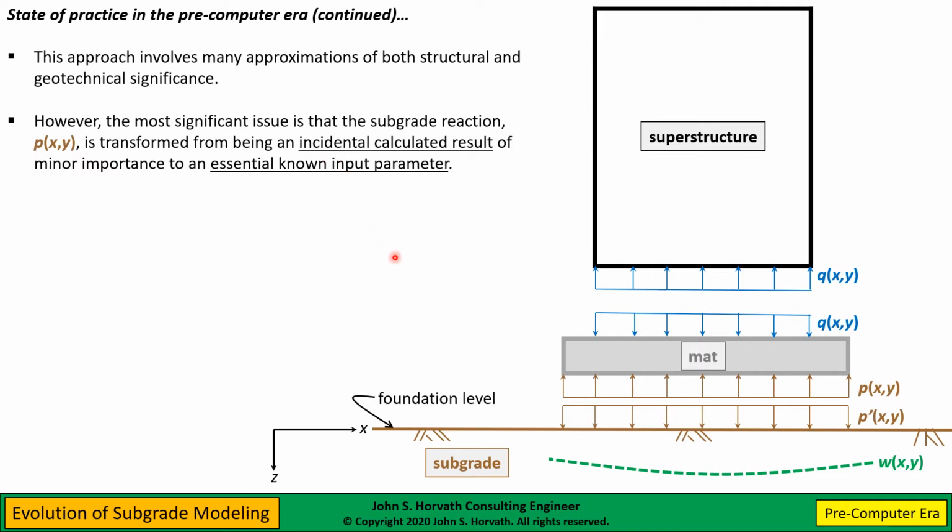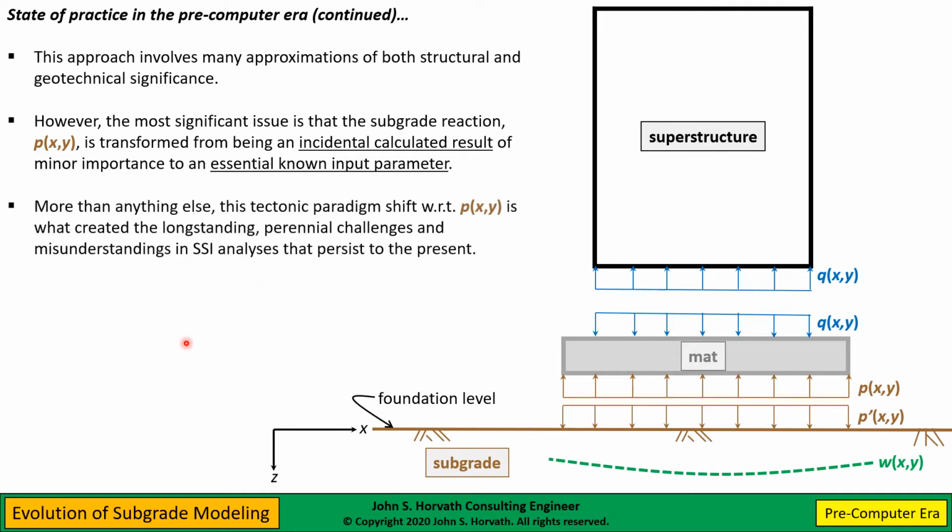And that's really a tectonic paradigm shift, that you're taking something that in the ideal world, in reality, is simply an observed result, and now you're forcing it to be a known input parameter. In my opinion, it's this paradigm shift with respect to subgrade reaction that created these long-standing challenges and really misunderstandings in soil-structure interaction analyses that persist to the present time.